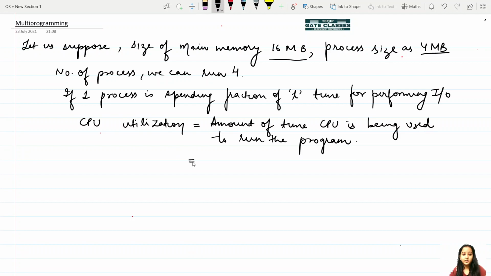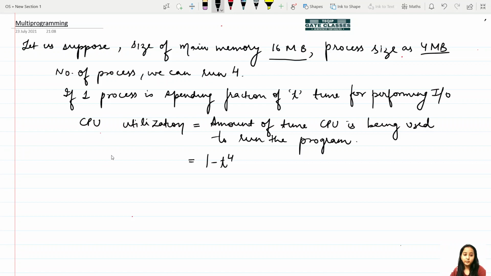So it will be 1 minus t raised to power 4, where 4 is the number of processes we can run. And what is t raised to power 4? It is the probability that all the processes will wait for the IO. So here the CPU utilization will be 1 minus t raised to power 4.